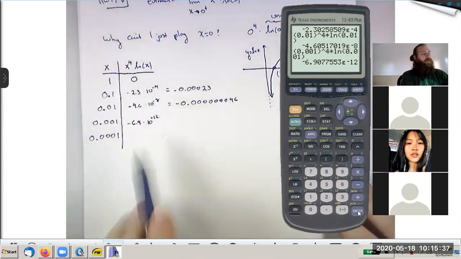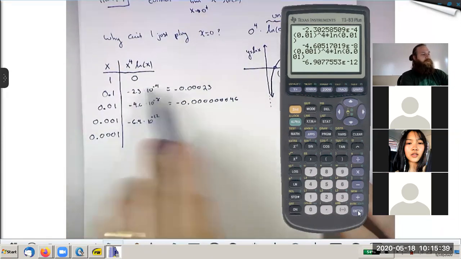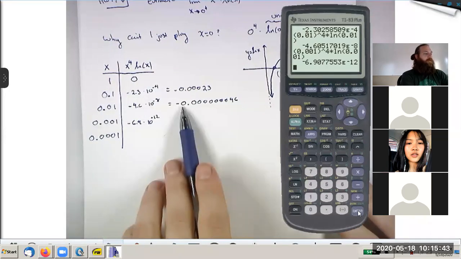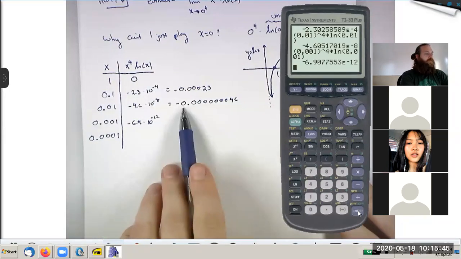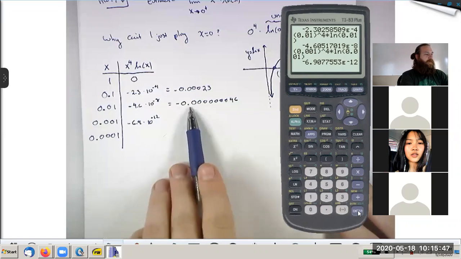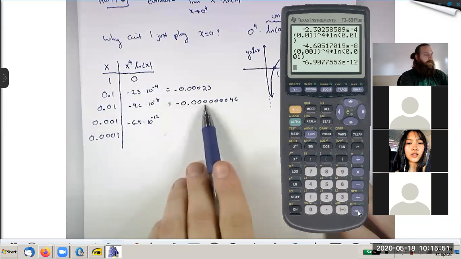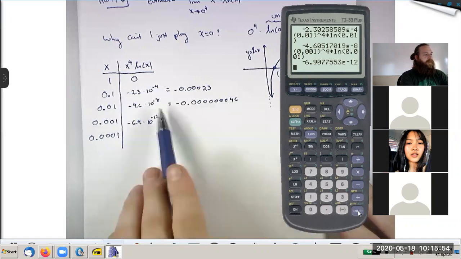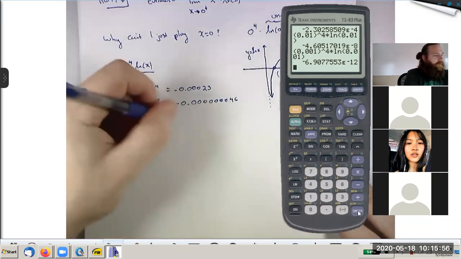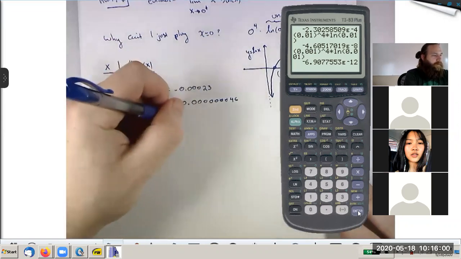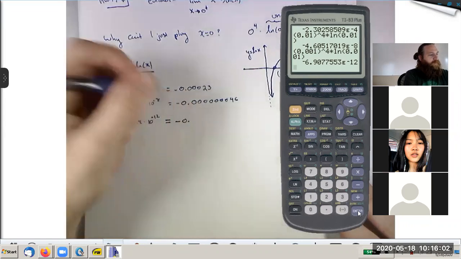If you're wondering how I'm going from the scientific notation to the decimal notation, this exponent tells me how many zeros, right? So there's 1 zero before the decimal place. And so overall here I've got 8 zeros, right? 1, 2, 3, 4, 5, 6, 7, 8, because it's 10 to the negative 8. So if I wanted to take this guy from scientific notation back to regular decimal notation, this would be negative 0.